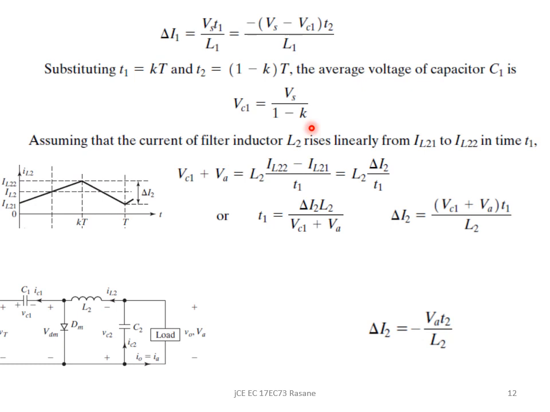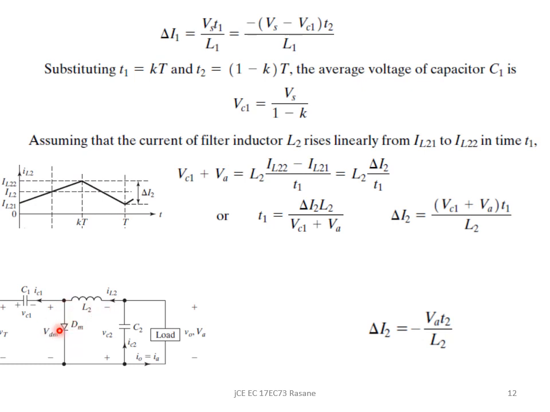Now let us look at the other inductor, that is L2. For L2 also, the current during the on time, that is mode 1, is rising from IL21 to IL22. So assuming that the current of filter inductor L2 rises from IL21 to IL22 in time period T1, during that time, what is the voltage?